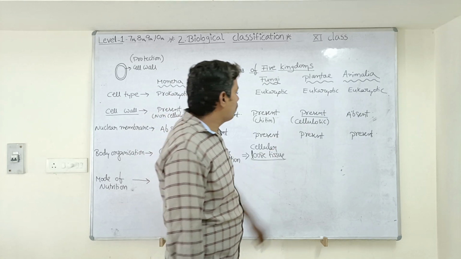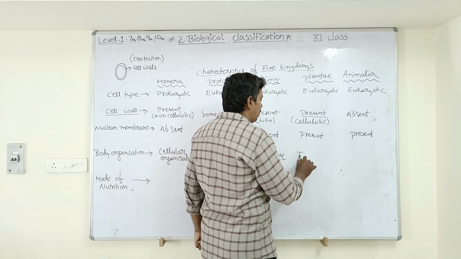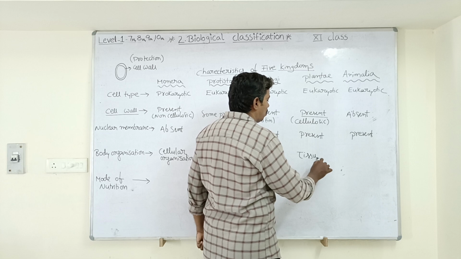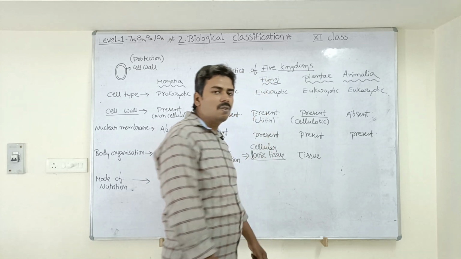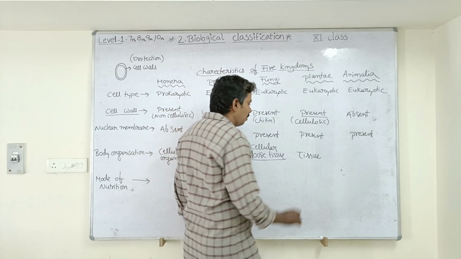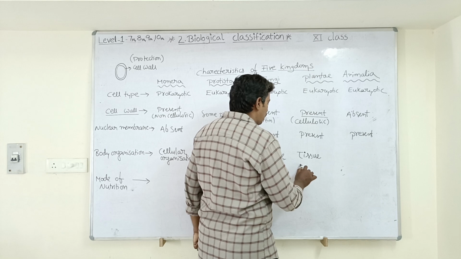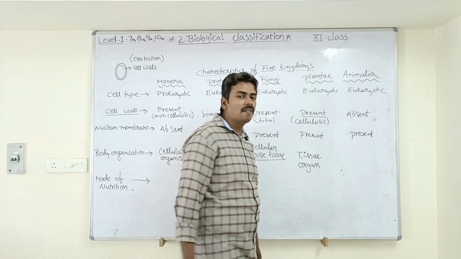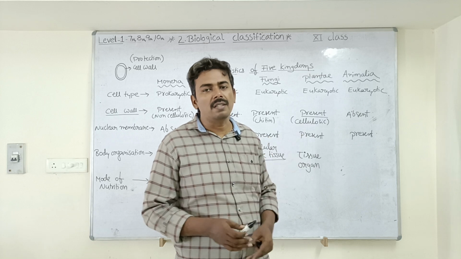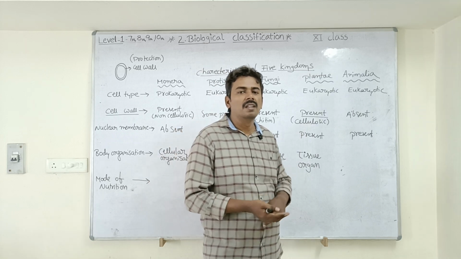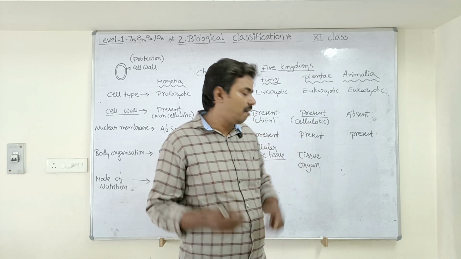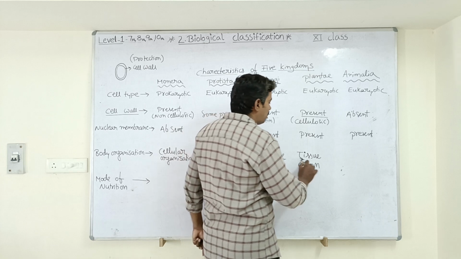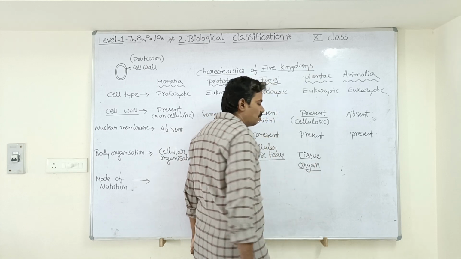Next, coming to kingdom Plantae, here we can see tissue organization and also organ level organization. That means several tissues combine to form organs such as leaves, flowers, roots, and stem. These are all different organs.